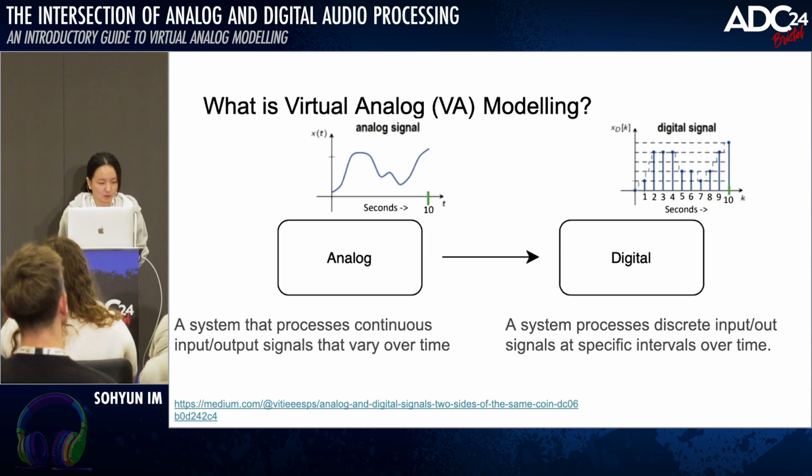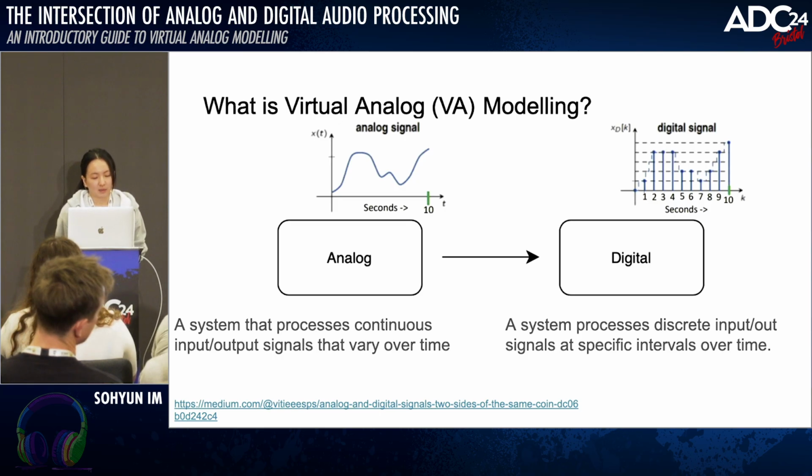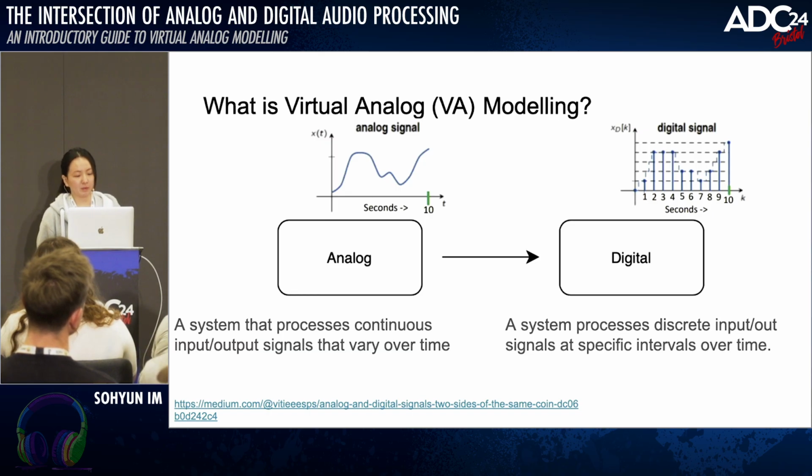An analog system is a system that processes continuous input and output signals that vary over time. And a digital system is a system that processes discrete input and output signals at specific intervals over time. I think you all know these intervals depend on the sampling rate. It's our period.